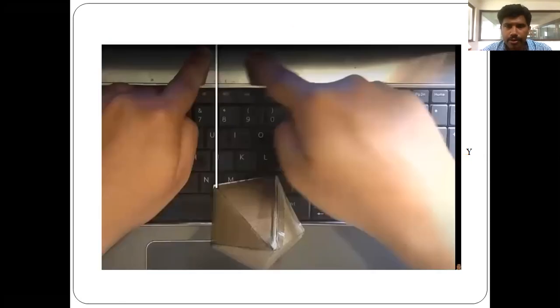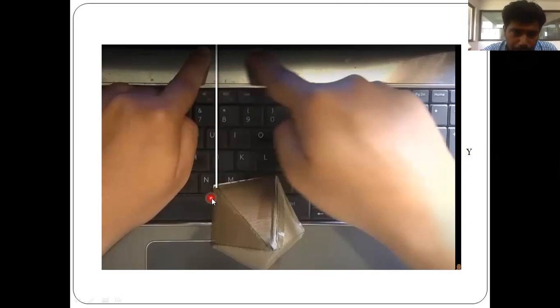Next, as we have said, one of the base edges is perpendicular. You can see over here, we'll be having these lines.